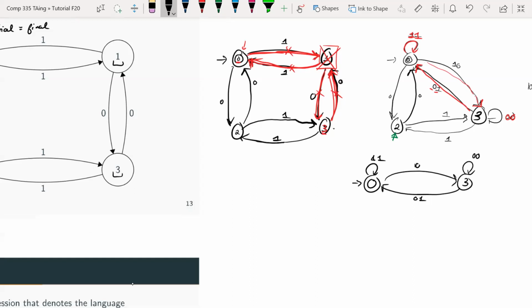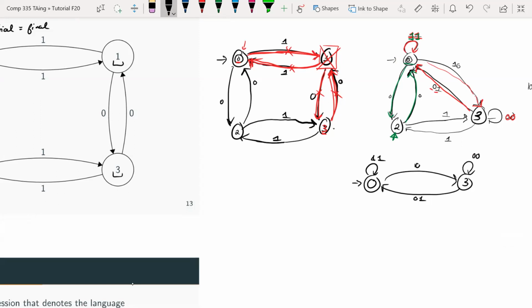Now, what are the transitions that are allowed to go through 2? Well, if I'm in 0, I can go back to myself either with 1, 1, or I can use 0 and then 0. So now I have 2 possibilities for my self loop for my initial state.